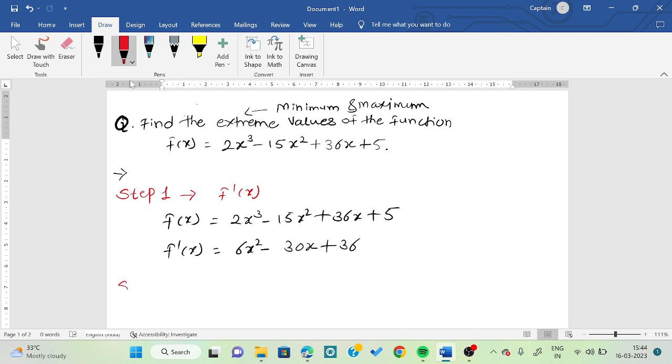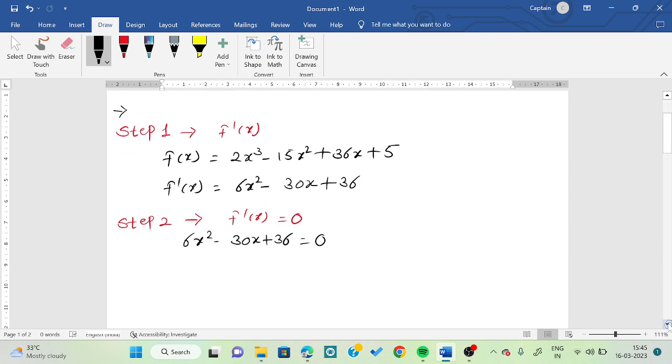Second step, we already discussed that we need to put f dash of x equal to 0. Means the f dash of x which we found, 6x square minus 30x plus 36, is equal to 0. Now what should be our next step?